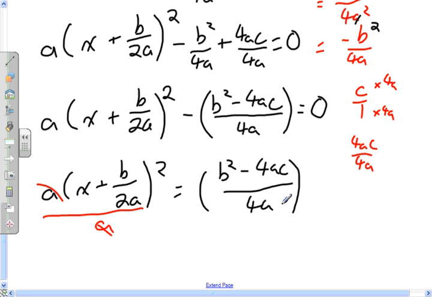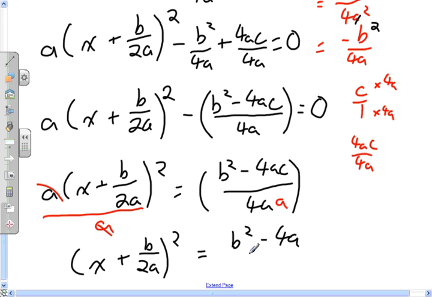This a essentially comes to the bottom of the fraction. So it becomes 4a times a. What is 4a times a? Anyone know? 4a squared. Good. So we have b squared minus 4ac over 4a squared.